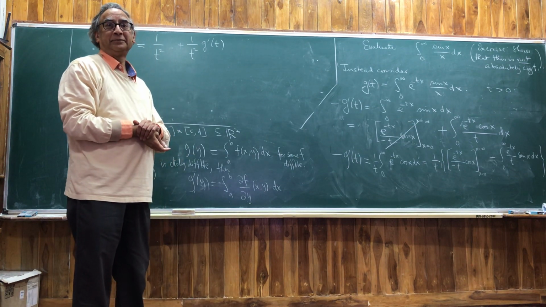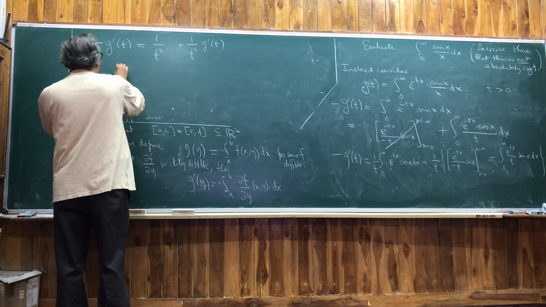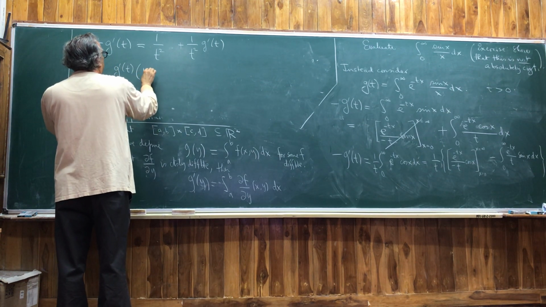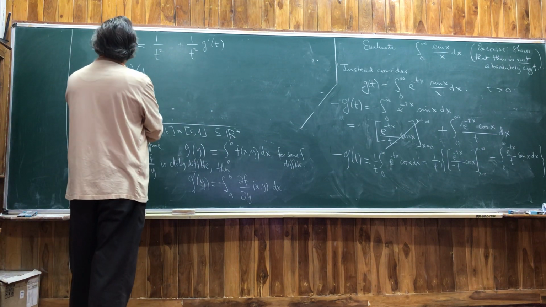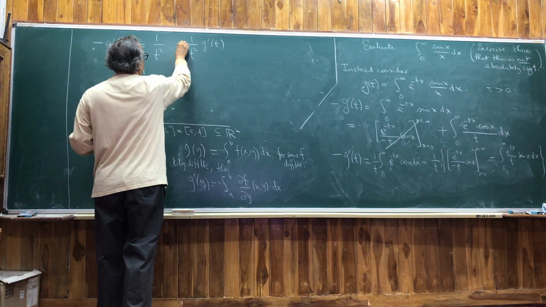Fair enough? So what does this mean? This means that g prime of t... did I do this right? This second term should be negative.